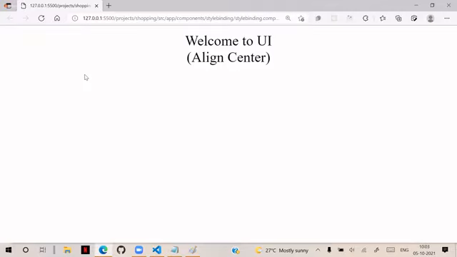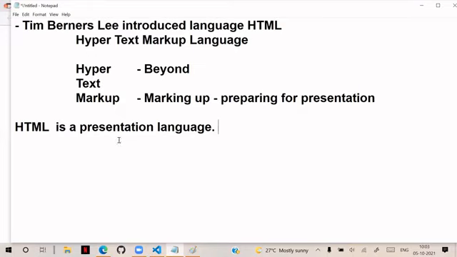Many times we prepare presentations and give them to clients without a markup language. We just present plain text. That means a markup language is not mandatory, but without it, it's not great for building web pages and web applications. So a markup language is very much required.